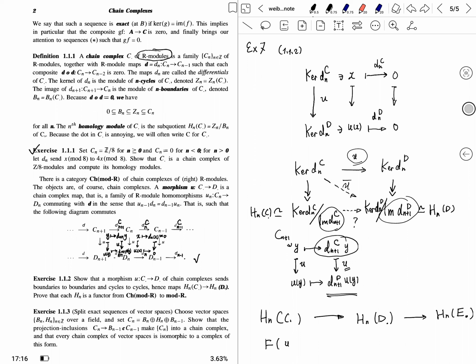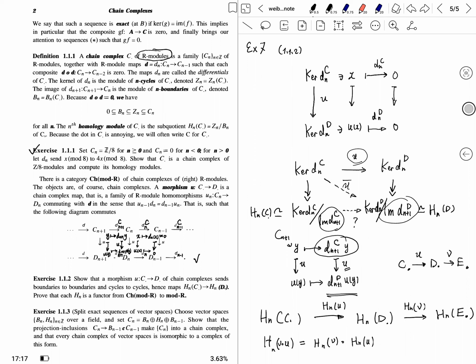the functoriality: let's call these Hn of u and Hn of v. I have to check that Hn of the composition v u equals Hn of v composed with Hn of u.